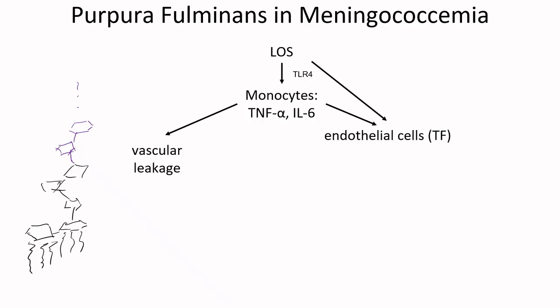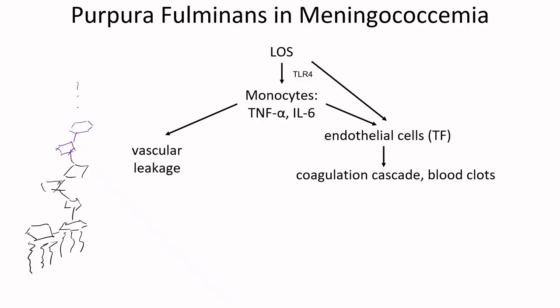What happens then is triggering of the coagulation cascade, with factors like factor 7, factor 10, thrombin, and eventually the conversion of fibrinogen to fibrin.